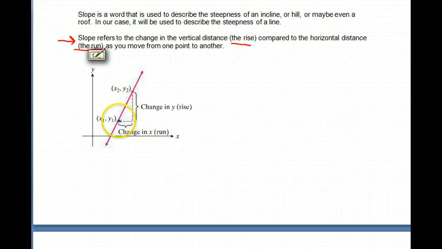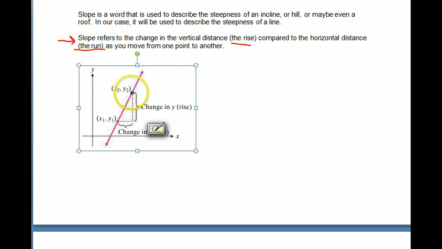We have our 2 points, which we call x1, y1 and x2, y2. And we can see the change in y, which, as I mentioned, is called the rise, as you move from one point to another. And then you can see the horizontal change, which we refer to as the run.